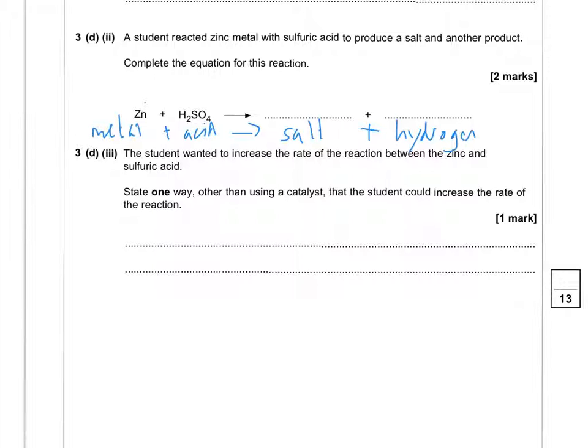So, if you want to write in the formula for hydrogen, you definitely wouldn't be writing H on its own, because it's a gas, or it's a particular type of gas. And then we're going to write our salt. Now the salt is the metal combined with part of the acid. So I'd write that in, and then I'd double check that everything is balanced. It looks like it would be, and it doesn't ask us to balance it, so we're probably okay.